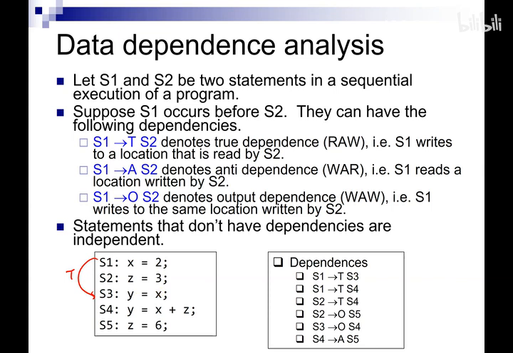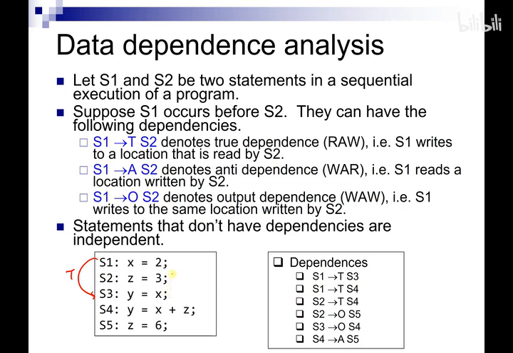So that's a true dependence, and you can see here that we cannot swap the order of these two statements. Let's say that initially all of these variables are 0, so X, Y, Z are all 0 in the beginning. If you do them in the current order, S1 and then later S3, then Y is going to become 2, and X and Y are both 2 at this point.